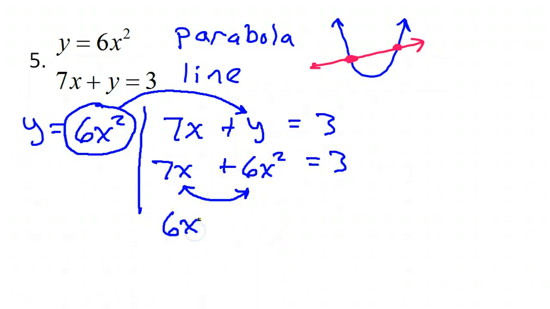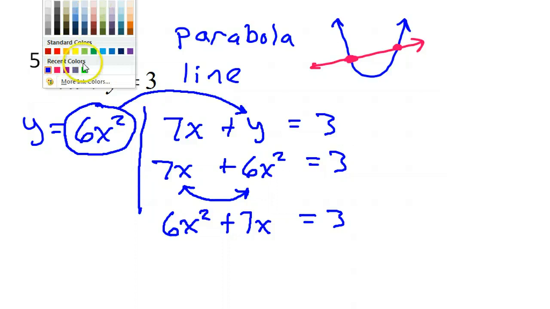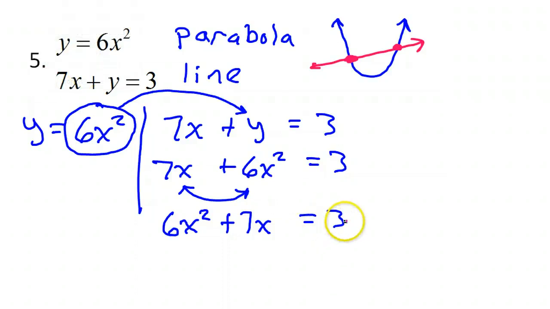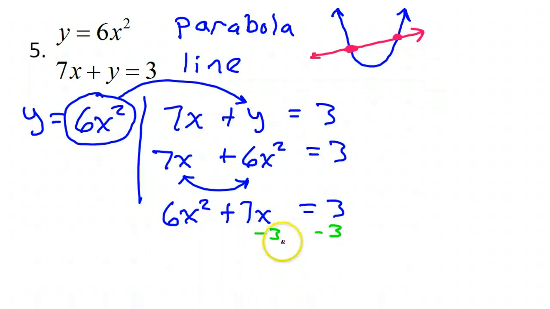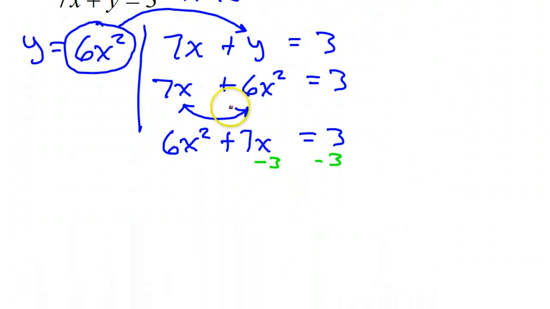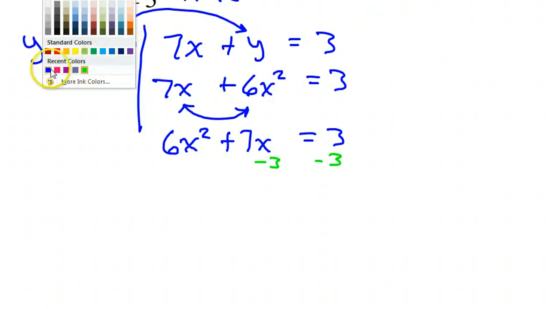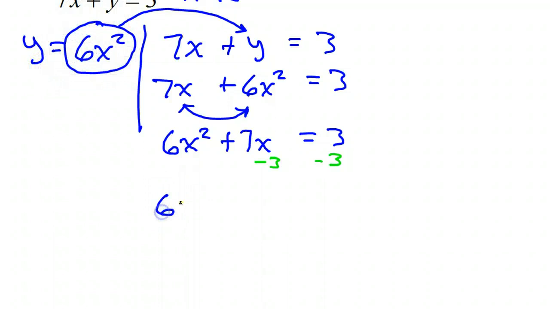So this would be 6x squared plus 7x, I just simply reversed them, equals 3. Now I need to get 0 over here, so I am going to subtract 3 from both sides. There are no like terms to combine it with, so that's just going to make 6x squared plus 7x minus 3 equals 0.